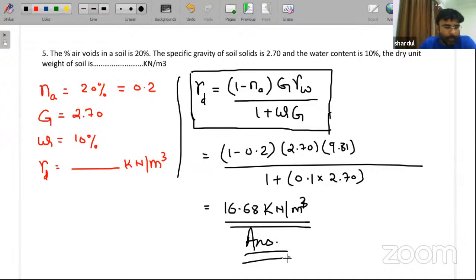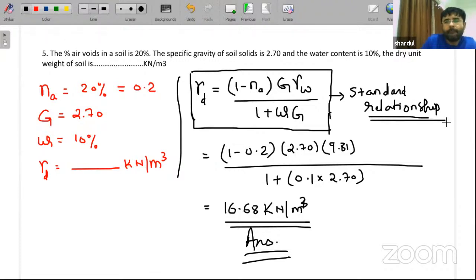So tell me, are these questions clear to every one of you? The theory related, the concepts related to the questions, as well as the formulae. This is the standard formula, beta, which you have to remember. This is the standard relationship, which I'm sure you must have studied in your theory classes.